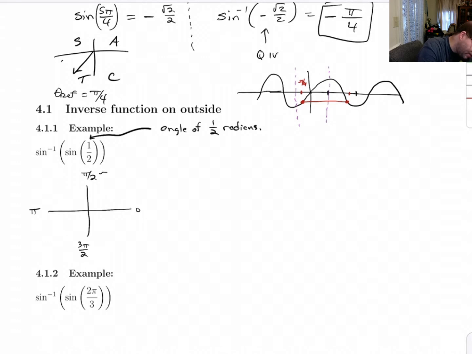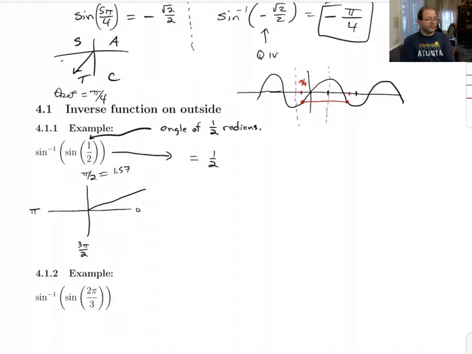Keep in mind, pi over 2 is like 1.57. So this is a first quadrant angle. If we're in the first quadrant, we don't have to worry about anything. We can just say this is equal to 1/2, and we're good to go. You can throw that into a calculator too. I'm in radian mode here. Inverse sine of 0.5, and sure enough, it spits out a 1/2.